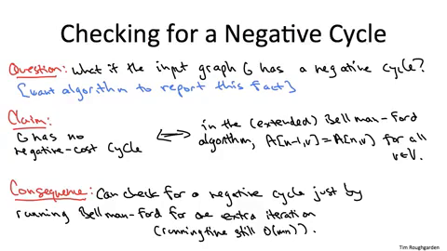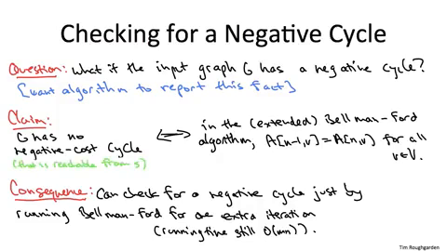One way to see that would be a degenerate instance where the source vertex S has no outgoing arcs at all, and maybe the rest of the vertices form a negative cost cycle. In that kind of graph, the left-hand side of this claim is false, but the right-hand side is satisfied. So to modify it for graphs that may have some infinite distances, I'm just going to modify the left-hand side to say G has a negative cost cycle that is reachable from the source vertex S.